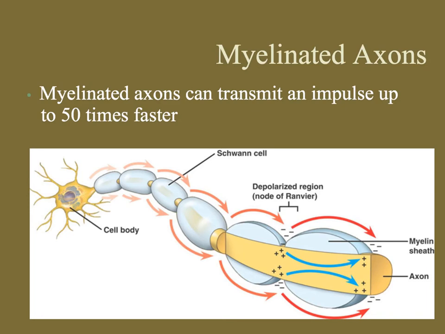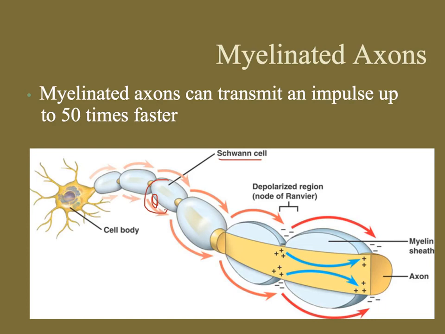We mentioned already that myelinated axons allow the nervous impulse to jump from one space to the other. The space in between the myelin sheaths, and this is an example of a Schwann cell, they're giving you the peripheral nervous system again, and of course this actually would have sort of a bulgy section that would have a nucleus and a cell body.